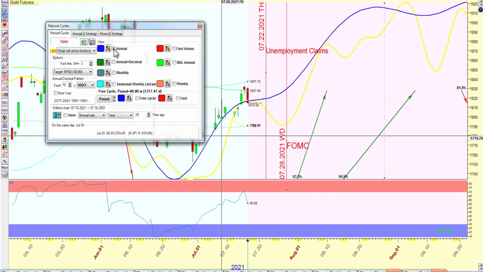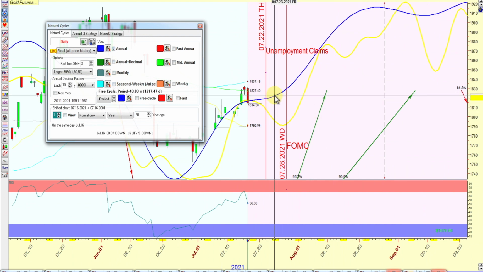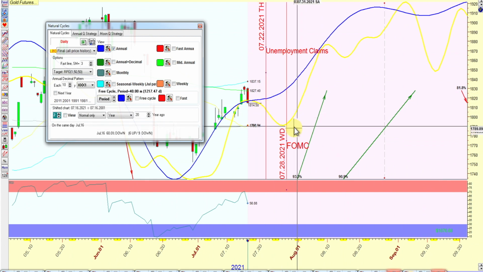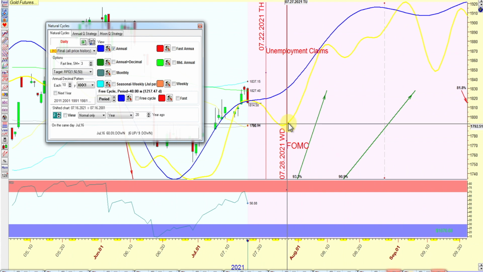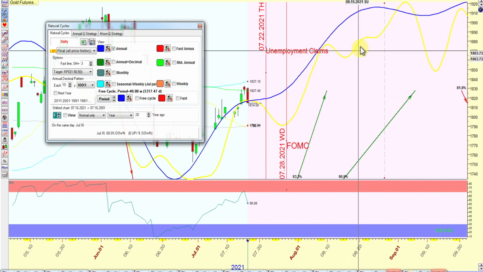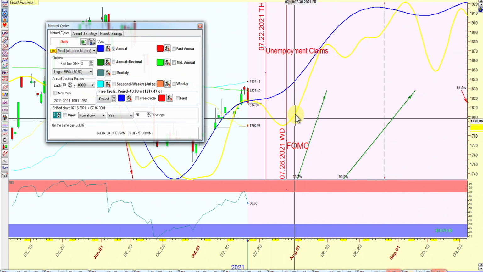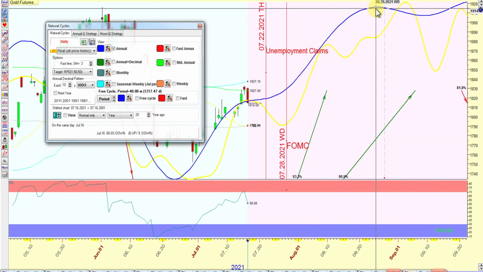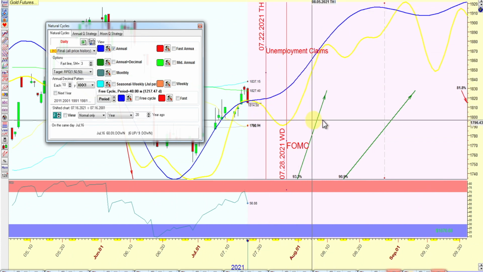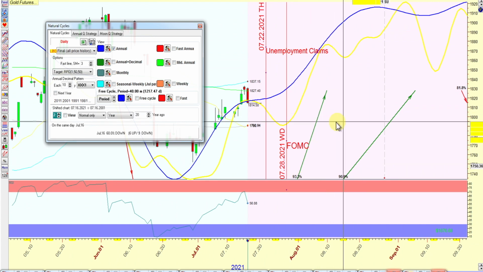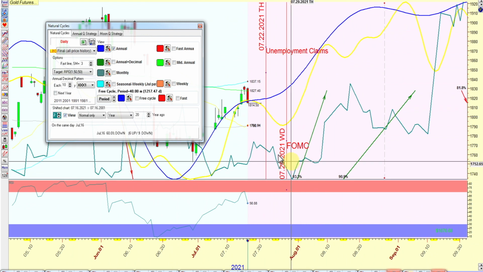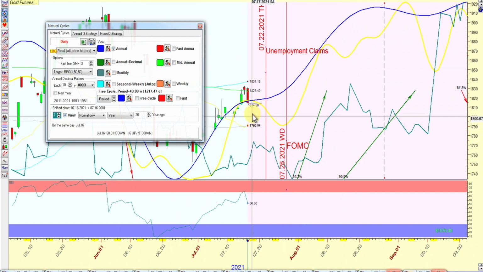This is one of the techniques I use. As you can see, the annual on the seasonal is very different from the annual on the astronomy cycle, which is a solar one. You can see that here there's a dip, but this is showing you the main direction. So it's up, it's up. Quant is saying it's up. There's a correction, so I just wanted to keep you focused on that.